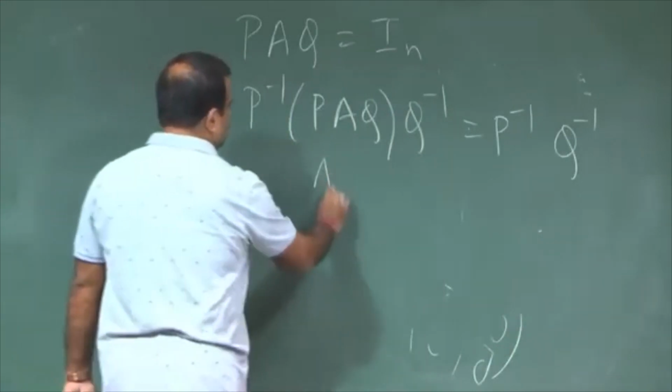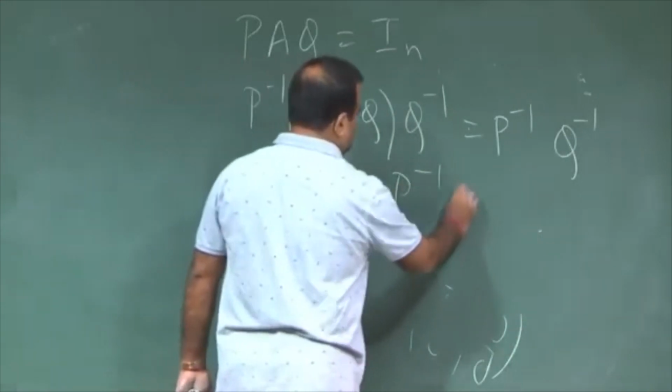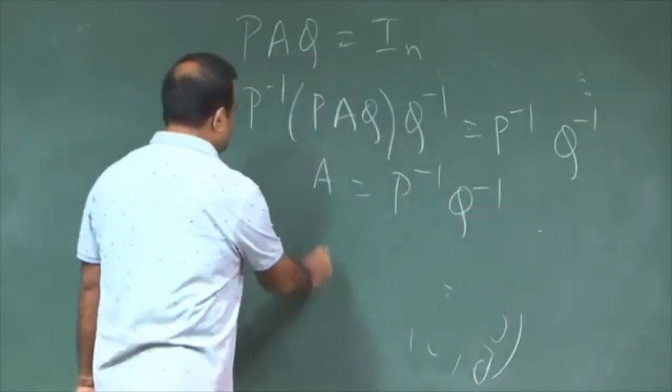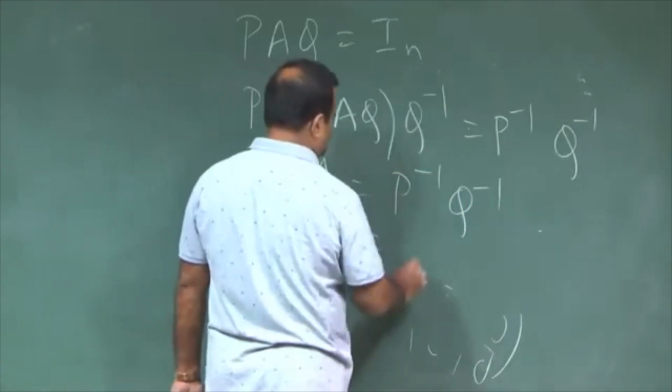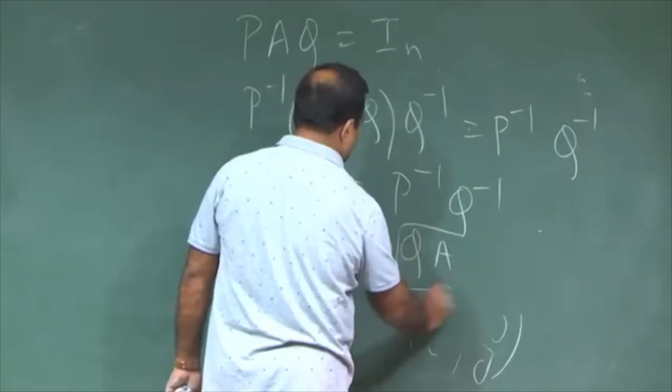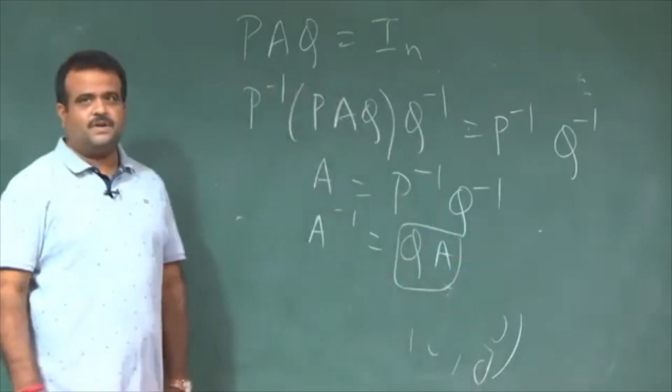So, this will give us A is equal to P inverse Q inverse. Now, if you take the inverse of this, this is Q P. So, this is the inverse of a non singular matrix.